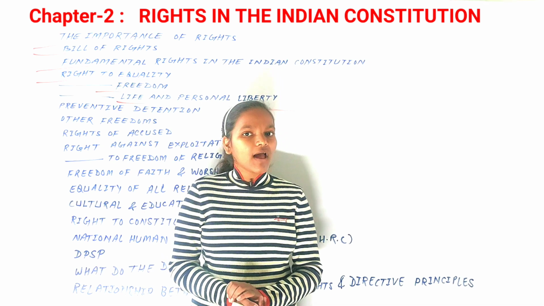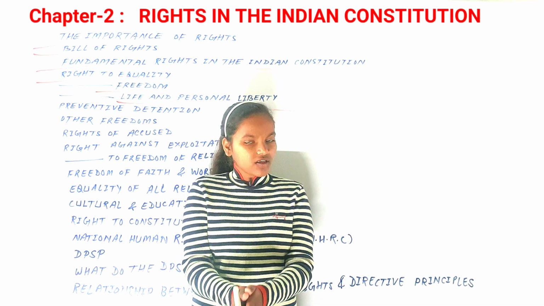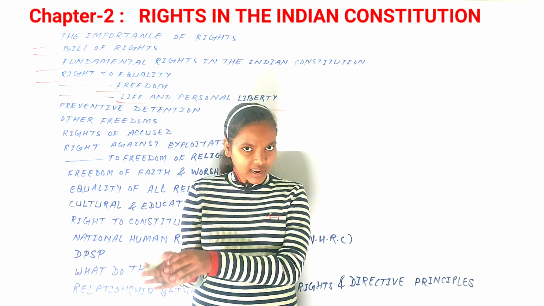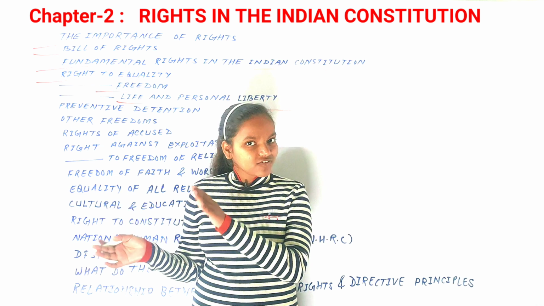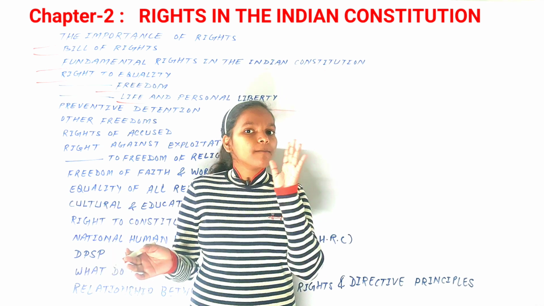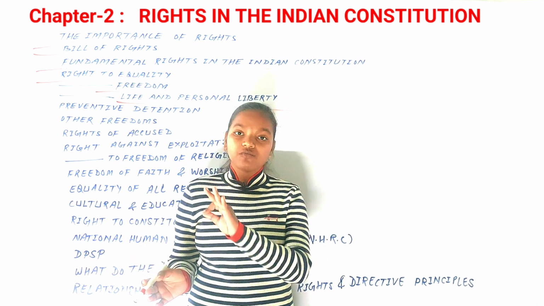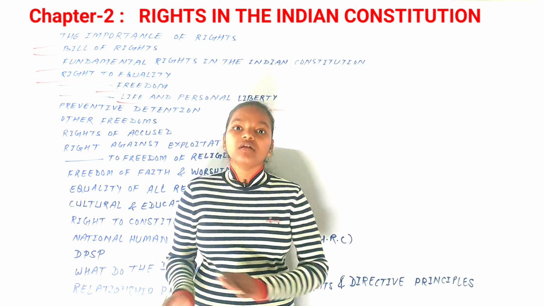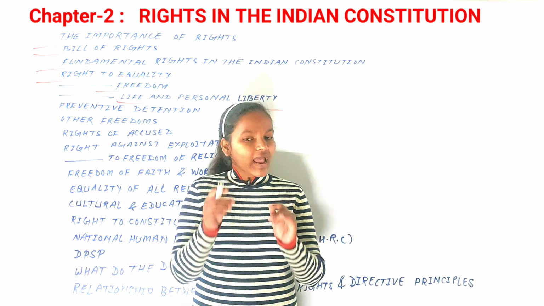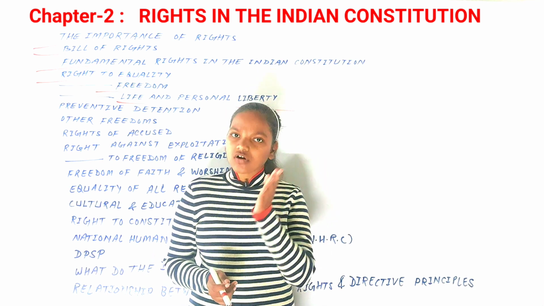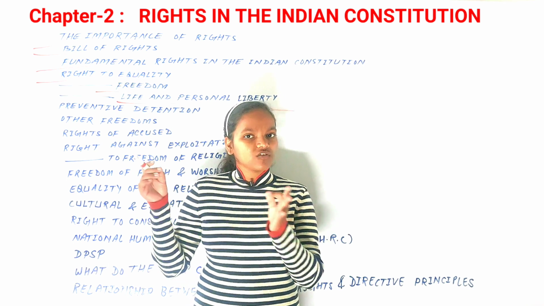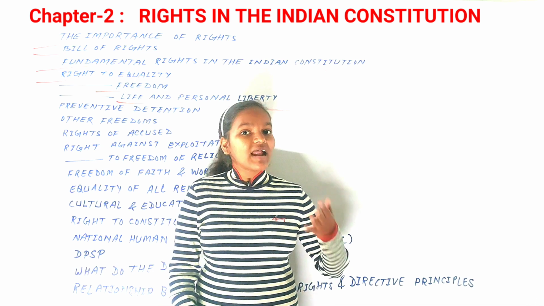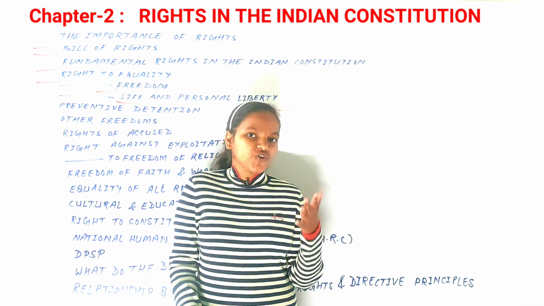So if you're being arrested, you can definitely ask the reason behind it. Then it is the responsibility of the police to present you before the nearest magistrate within 24 hours. That magistrate, who is not a part of the police, would decide whether the arrest is justified or not. So that is the personal liberty that you have.